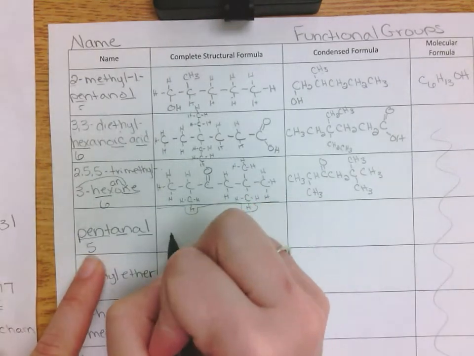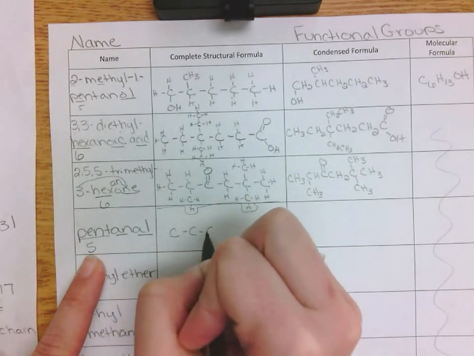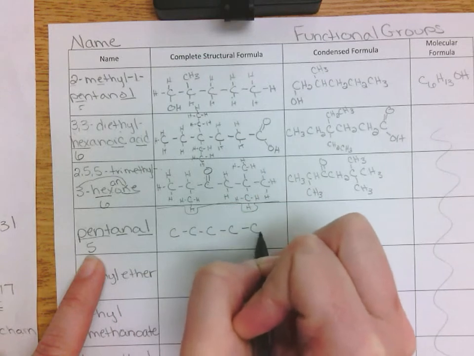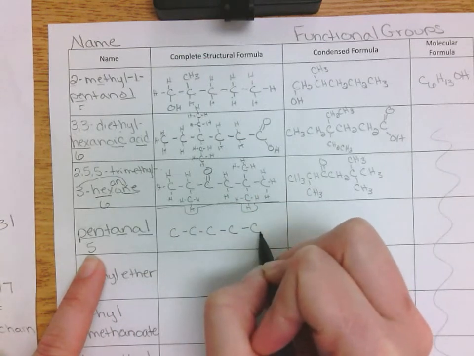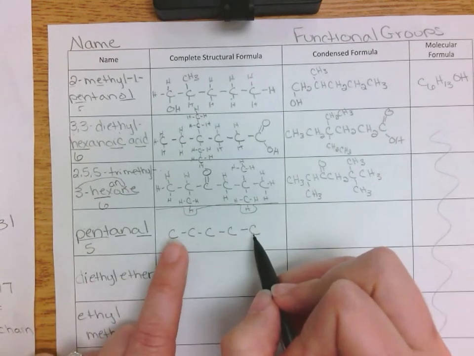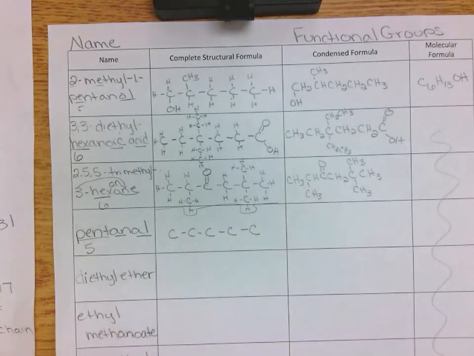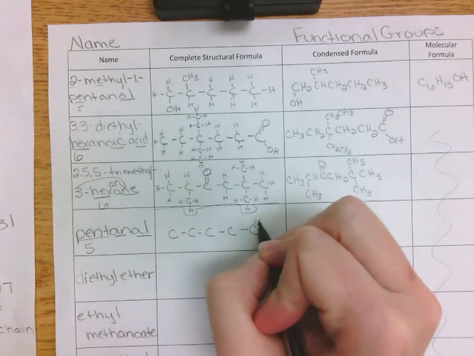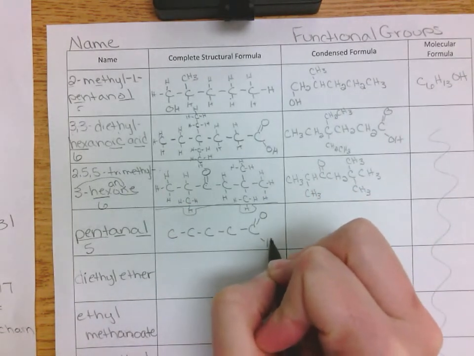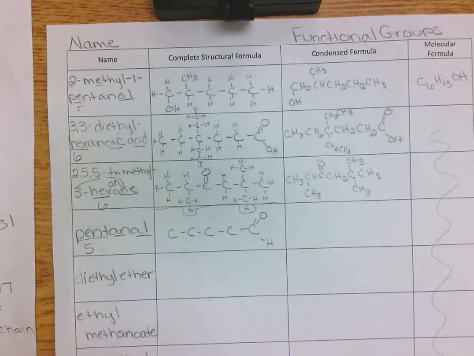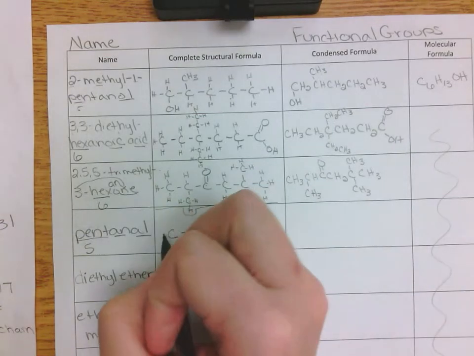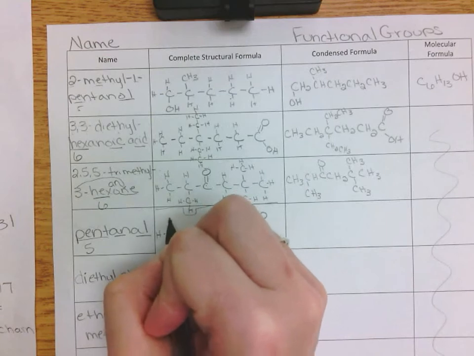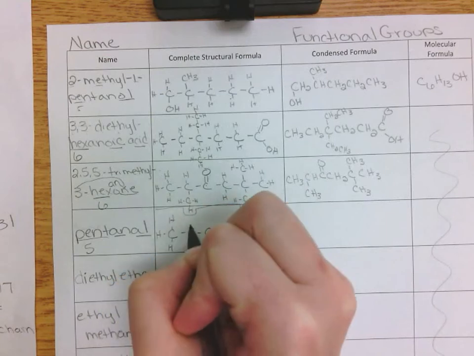So we're going to draw our chain of 5. On my last carbon or my first carbon, so either one of these could be considered carbon 1, we're going to put a double bonded oxygen and a single bonded hydrogen. That's it. So now we just fill in our bonds with hydrogen.